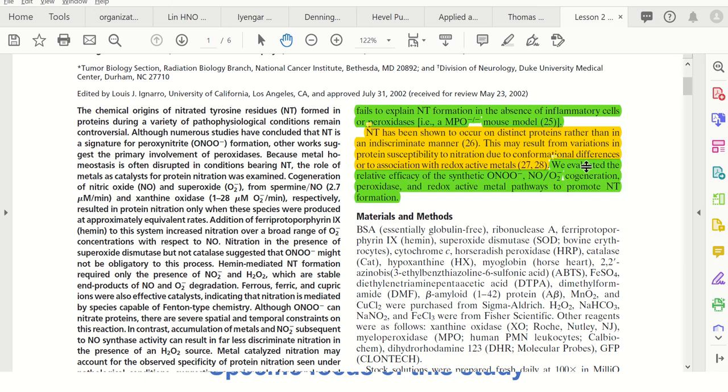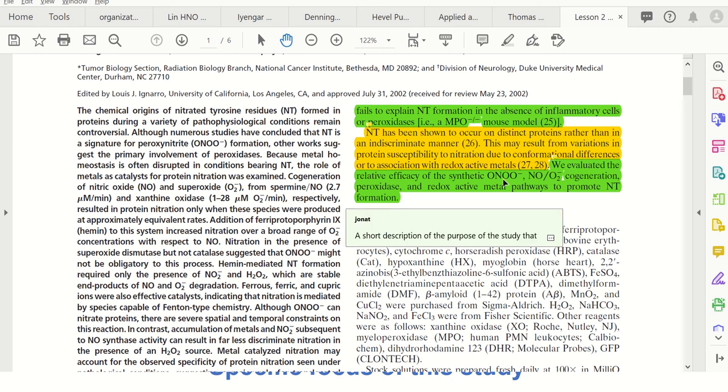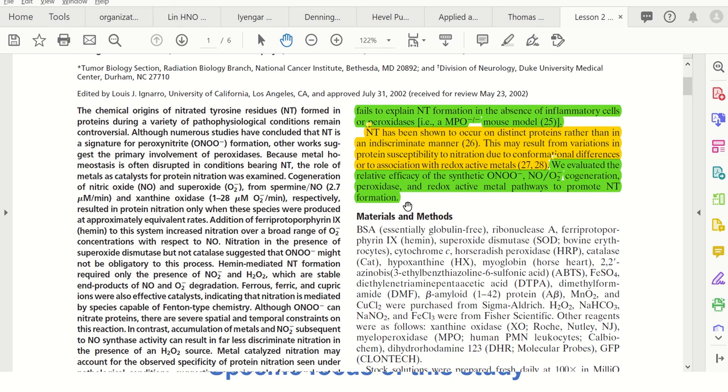The third sentence is a short description of the work that follows, and it can be seen as the purpose of the study: we evaluated the relative efficacy of the synthetic peroxynitrite, NO superoxide cogeneration, peroxidase, and redox active metal pathways to promote NT formation.